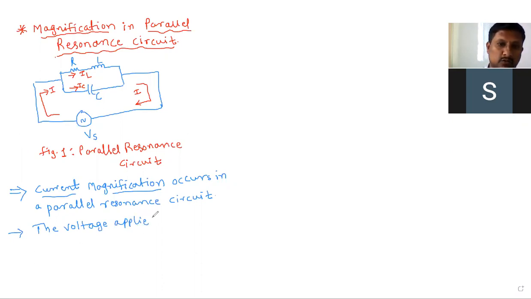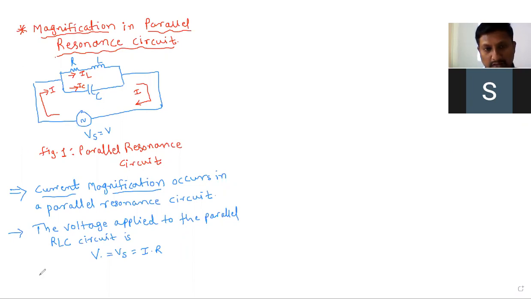The voltage applied to the parallel RLC circuit, V equal to Vs, both are the same, is equal to I into R. Actually it is I into Z, but at resonance Z is equal to R, only the resistive part.